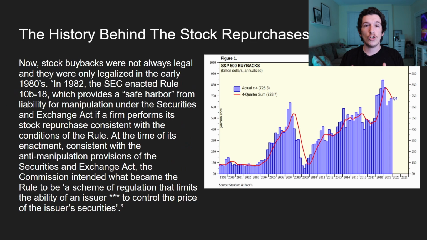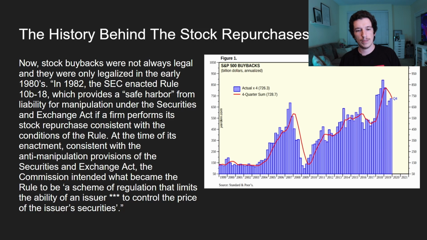Now, just going through some history, this was not originally legal. You weren't allowed to repurchase shares. So back in the early 80s, in 1982, the SEC enacted Rule 10b-18, which provides a safe harbor from liability for manipulation under the Securities and Exchange Act if a firm performed its stock repurchase consistent with the conditions of the rule.